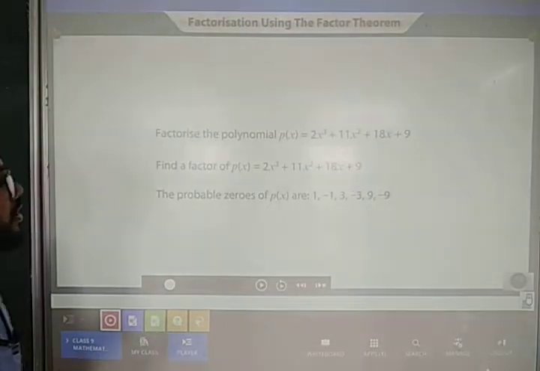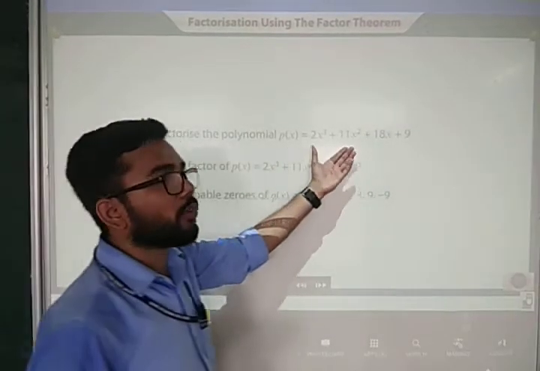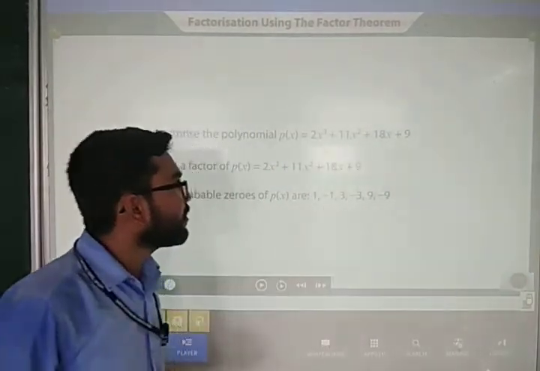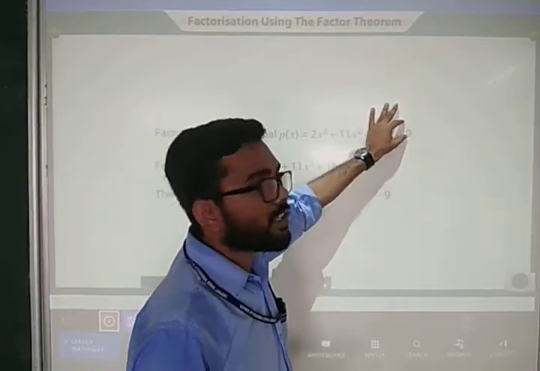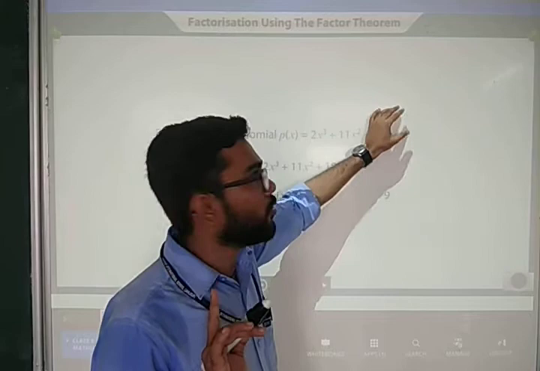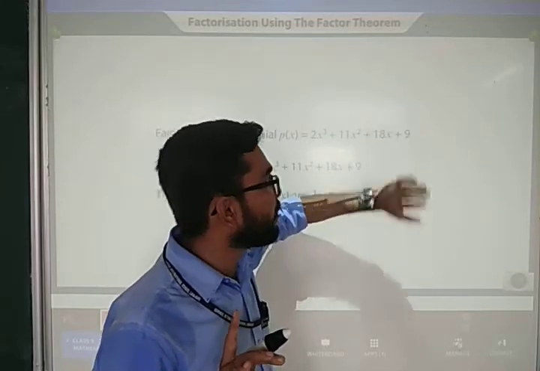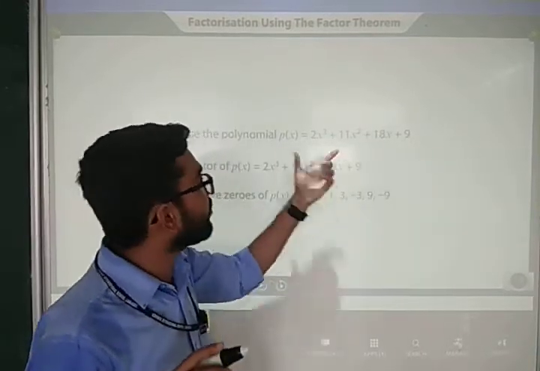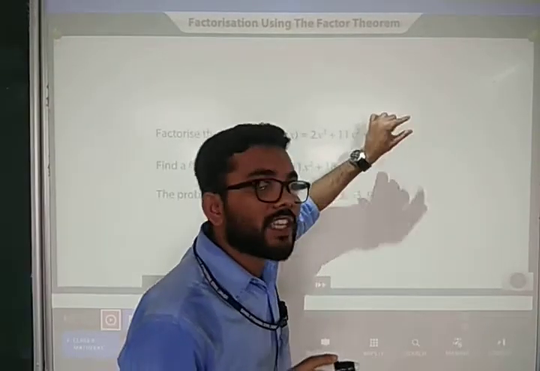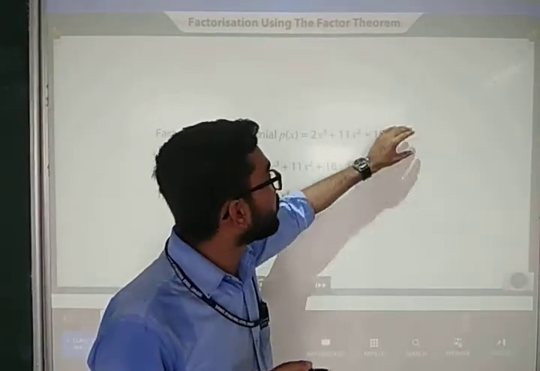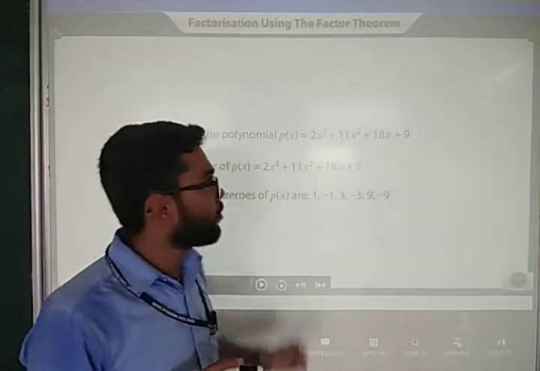You need to find the factors of the cubic polynomial. For this, first you need to find the factors of the constant given in the cubic polynomial. It will be easier to find the factors of the polynomial this way.